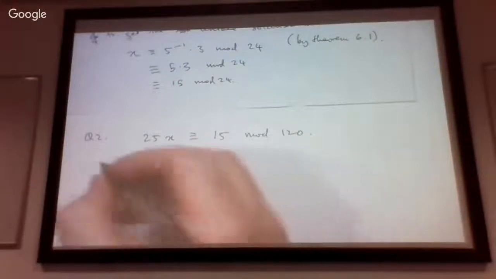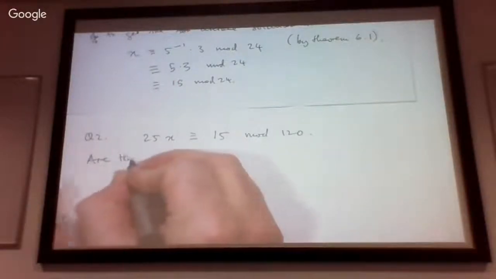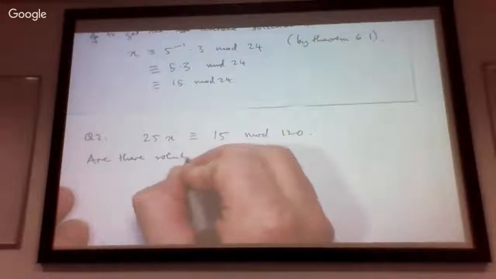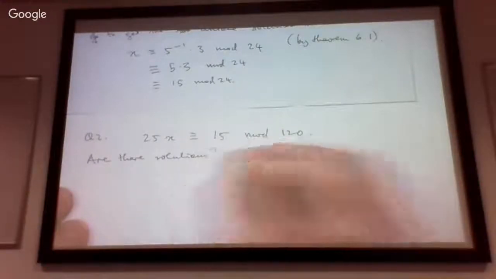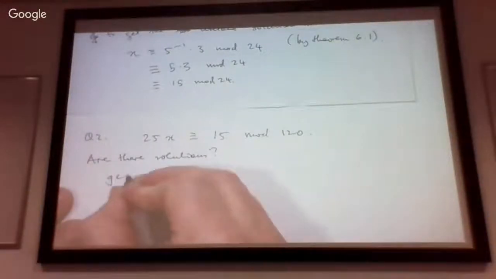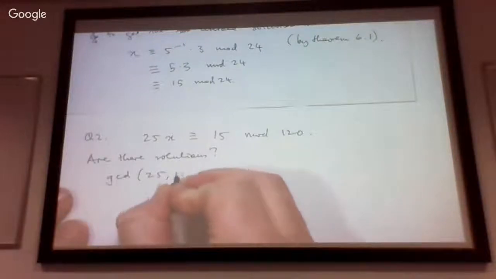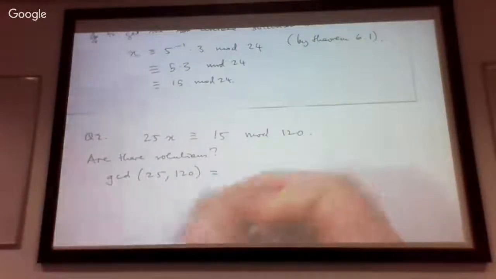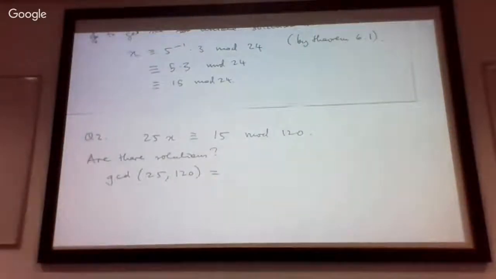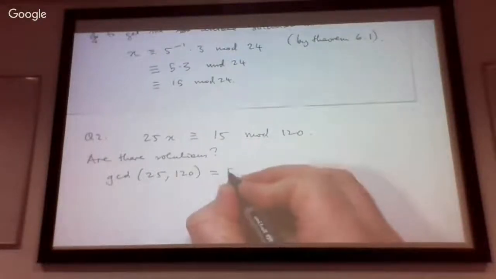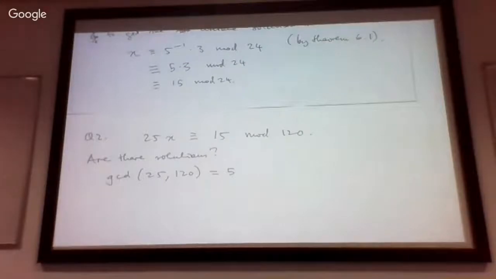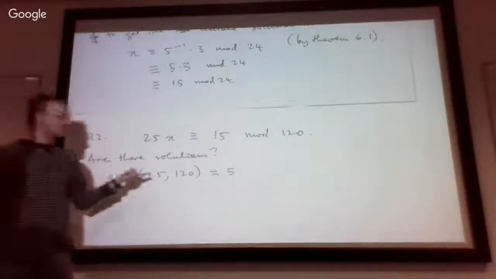So at first, there may or may not be solutions. Are there solutions? Well, by Theorem 6.2, you answer that question by inspecting the GCD of 25 and 120, which is 5. 5 is the greatest common divisor, so you check the criterion.